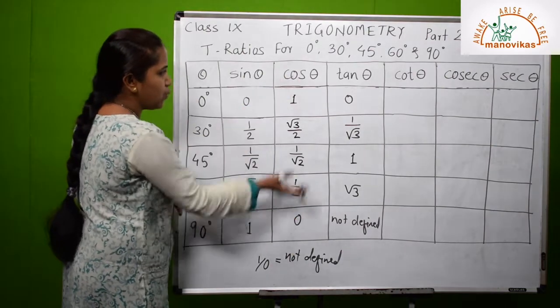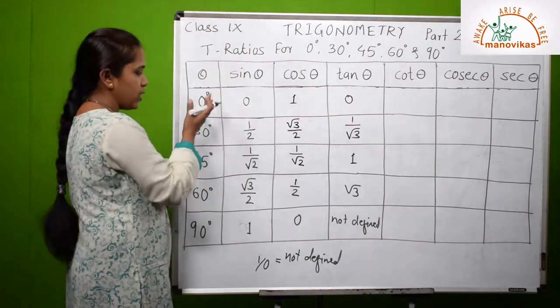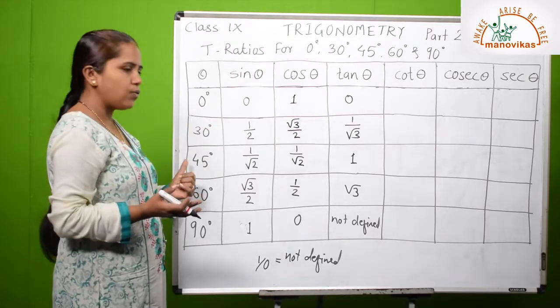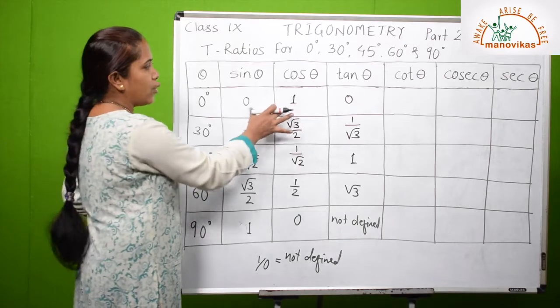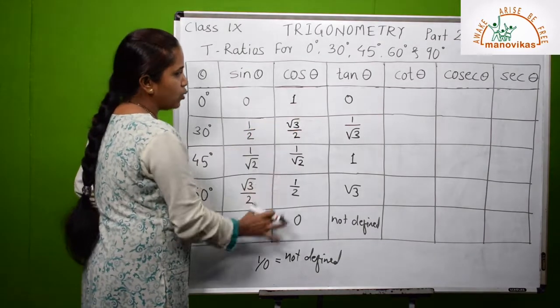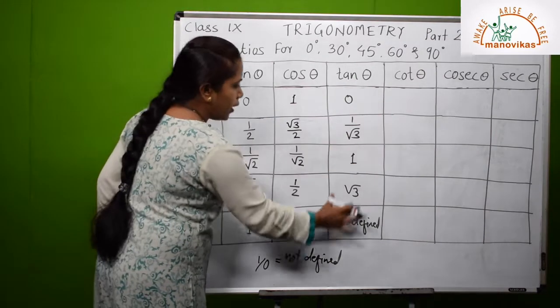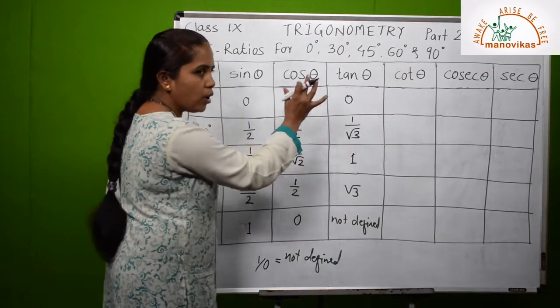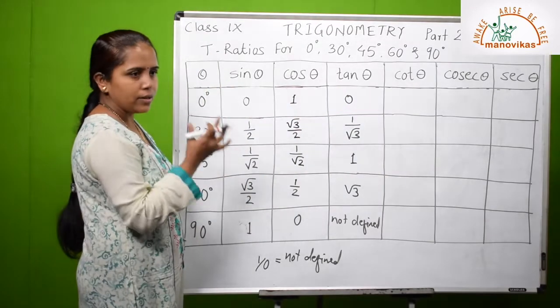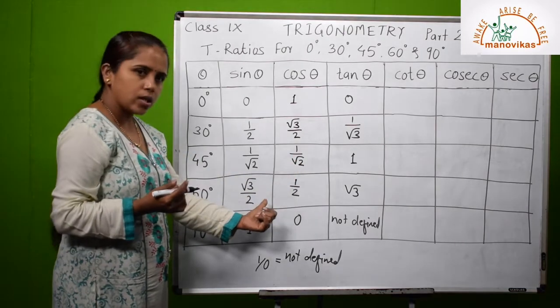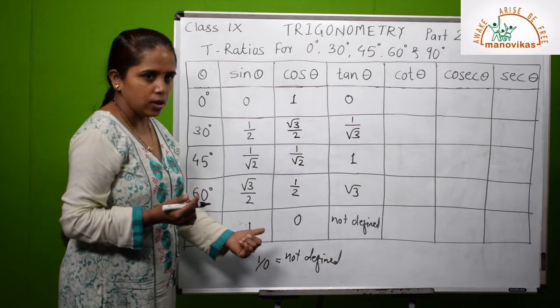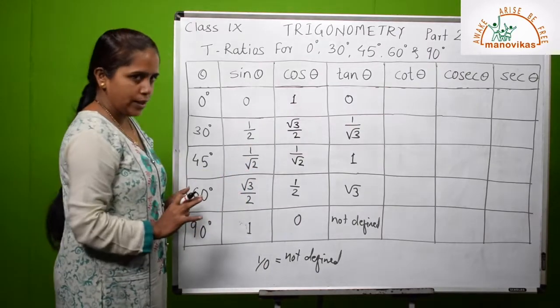These are the values for the cos ratio: cos 0, cos 30 degree, cos 45, cos 60 and cos 90. Then take the ratio of these two columns, and you will get the next column, the values for tan theta: tan 0, tan 30 degree, tan 45 degree, tan 60 degree and tan 90 degree. So these are the three ratios.